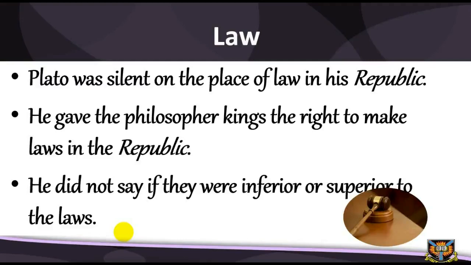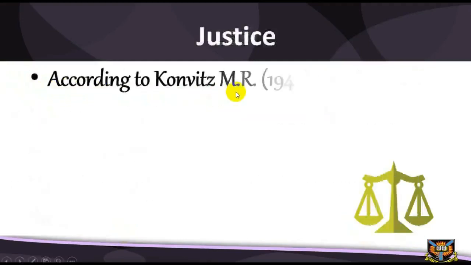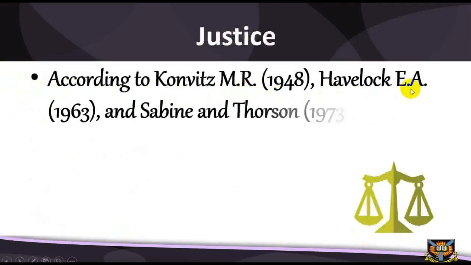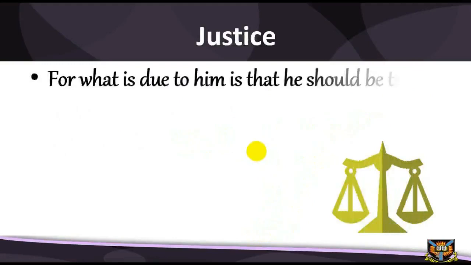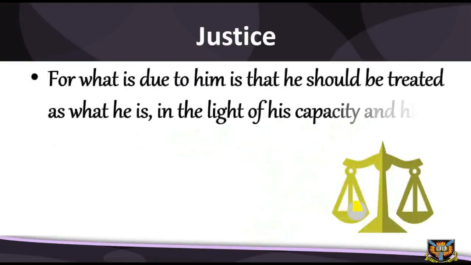On justice, according to Convicts, M.R. 1958, Havelock, E.A. 1963, and Sabine and Thorson, 1973, Plato defined justice as giving every man his due. For what is due to him is that he should be treated as what he is, in the light of his capacity and his training, while what is due from him is the performance of those tasks which the place accorded him requires.